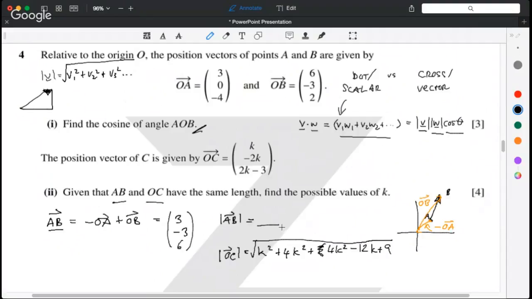Whatever that number was and whatever this is are going to be the same. So you can square both sides to get rid of the square root, and you'll end up with two possible values of k because it's a quadratic, right? So set them equal and then square both sides.